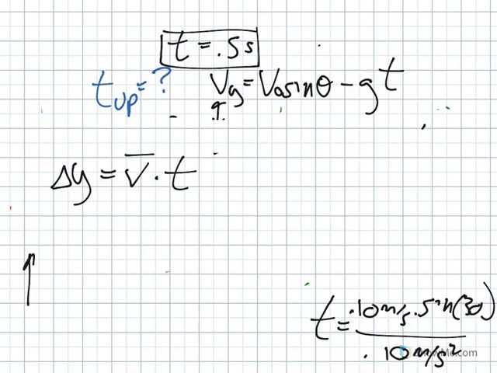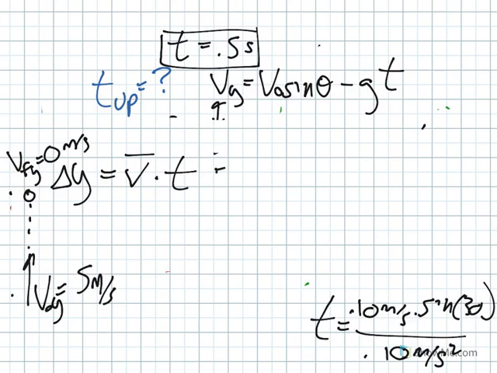So here, again, this is looking at the vertical component. So it starts off with an initial velocity in the y direction of 5 meters per second, right? Because it's 10 sine 30, and then at the very highest position, it stops moving. So that means that its final velocity up here is 0. What is the average of 0 and 5?